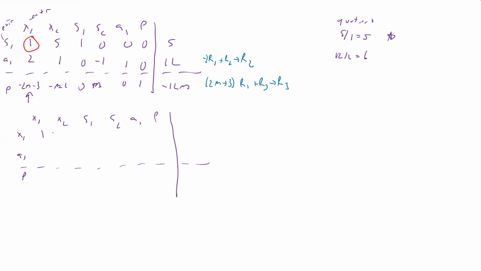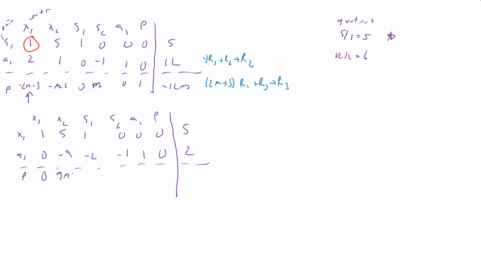First row stays the same. Second row, minus 2 plus that, 0. And that's going to be minus 9, minus 2, minus 1, 1, 0, and a 2. That's going to give us a 0. It's going to be 10 minus 1, so that's going to be a 9M.